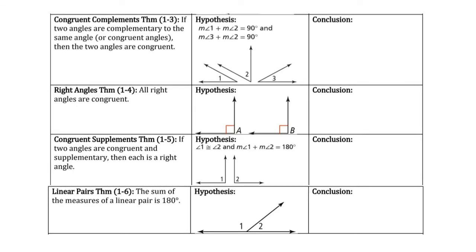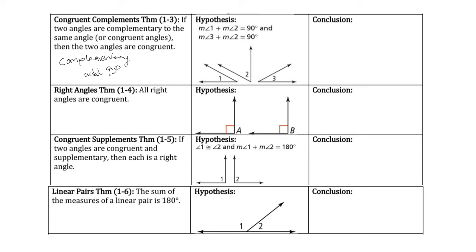All right, so the next one is the congruent complements theorem. So very similar to the supplements theorem, except we use complements. Sorry, I spelled that wrong. Complementary angles means it adds to 90 degrees.